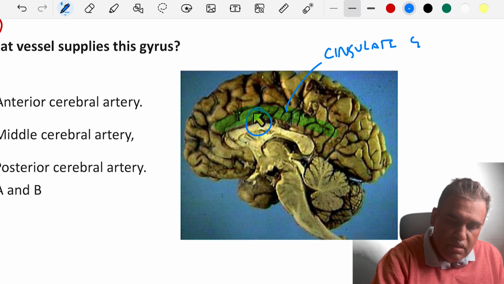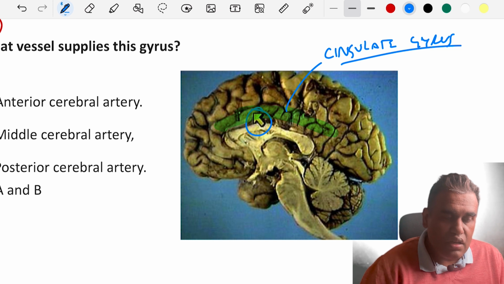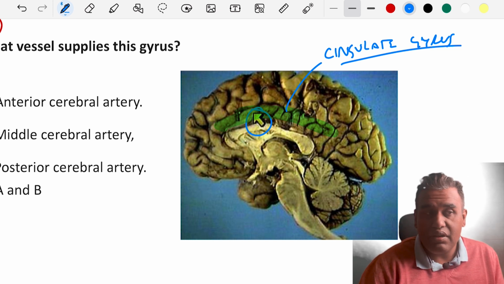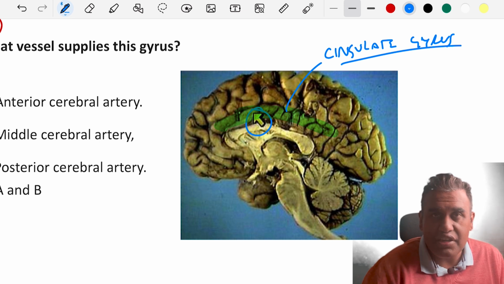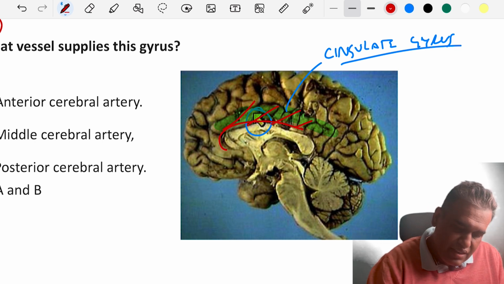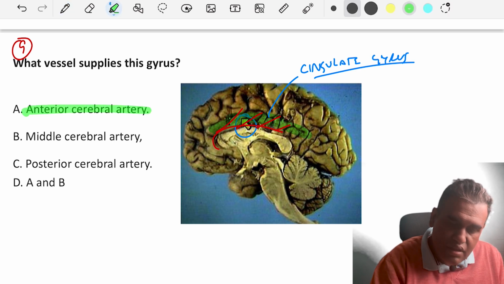If you remember, in the previous sessions we did a question on cerebral angiography. Which cerebral artery lies on the medial surface of the brain? It is the anterior cerebral artery. Very good. So the anterior cerebral artery runs like this, and it gives off branches. Hence, the answer has to be anterior cerebral artery. Is that an option? Yes, it is.